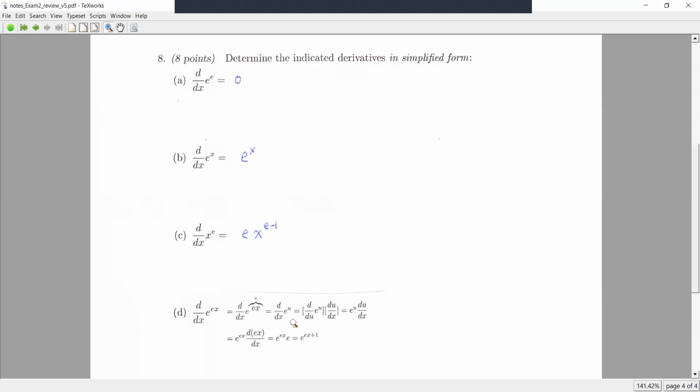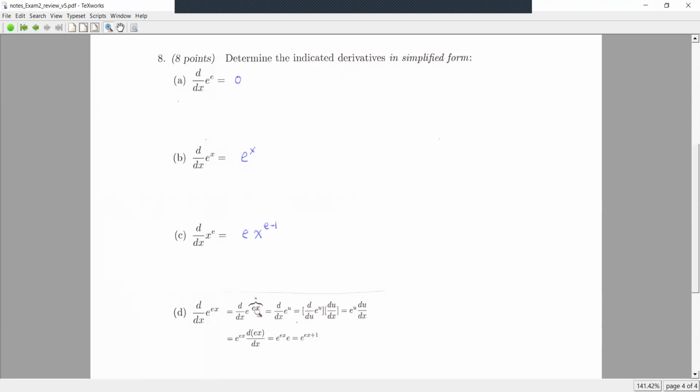To compute the derivative of e to the u with respect to x, we need the chain rule. Write this derivative as the product of these two derivatives. The derivative of e to the u with respect to u is e to the u.